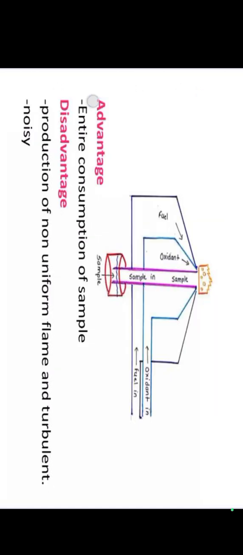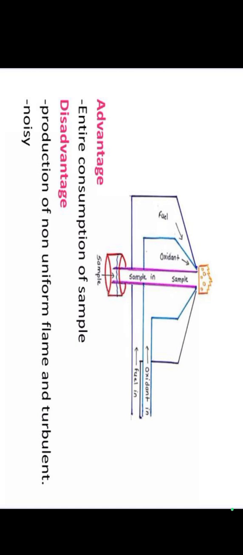This is the picture of the total consumption burner. It has the flame base, fuel, oxidant, capillary tube, and liquid sample. In the working process, fuel and oxidants are first brought together to produce the flame at the top. The liquid sample is drawn from the bottom.